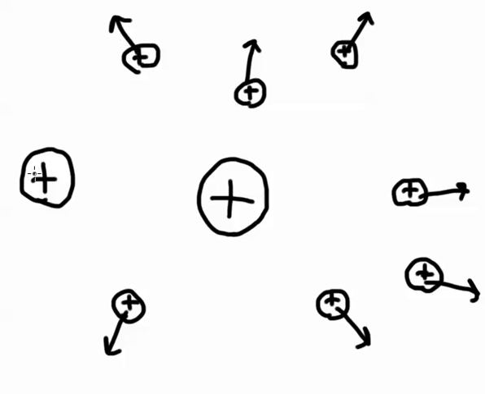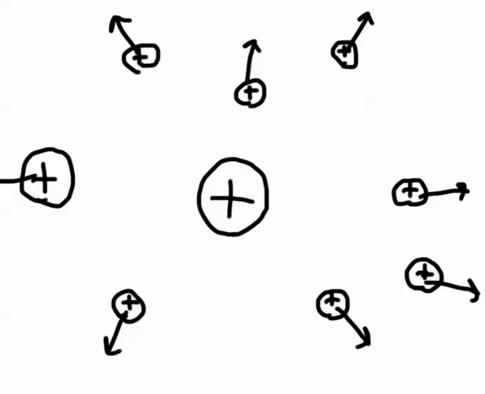So now I can draw a map that shows the force of the plus charge on the other plus charges. So it's repelled, right? So there's a force going away, away, away, away. These are pushed away.